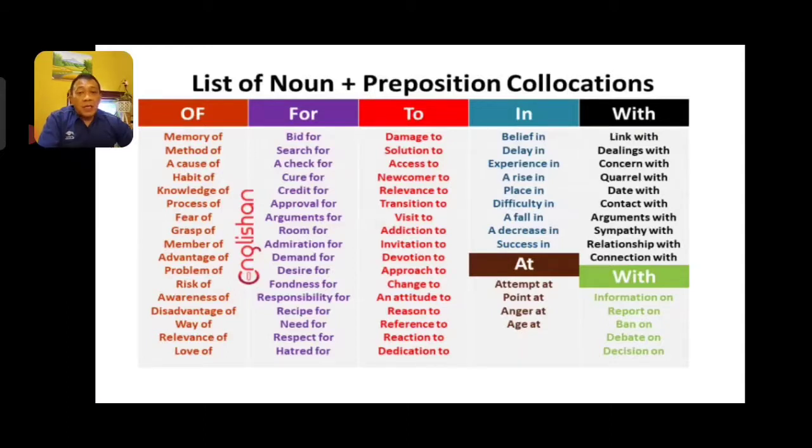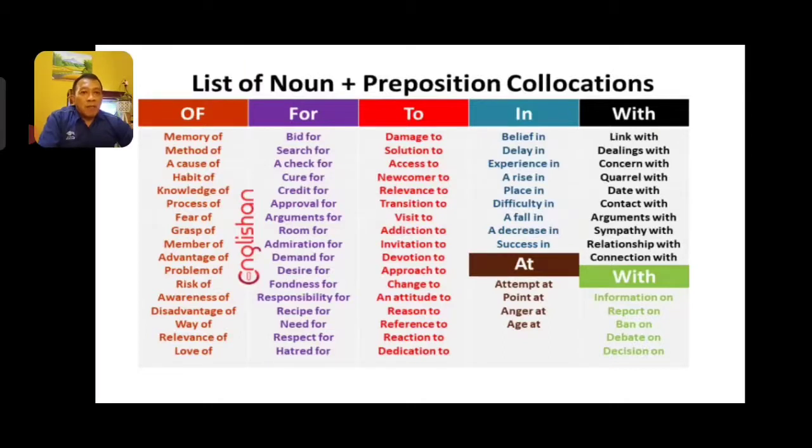For example, with of, there would be nouns like memory, and then you have to put of after that, or method of, cause of, habit of, and then knowledge of. You can finish reading until the last word, that is love of. Okay, so from memory of to love of, those are the examples where the preposition of is used.